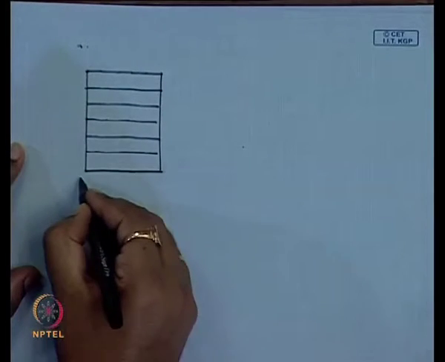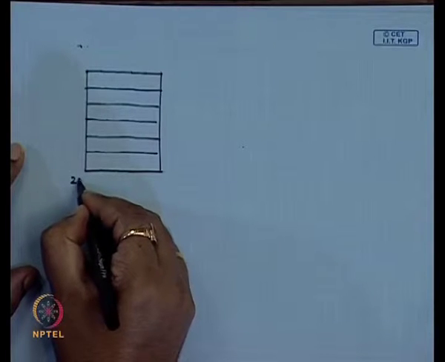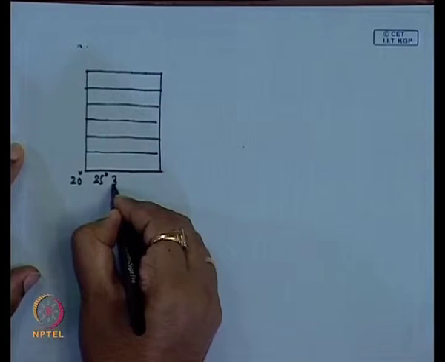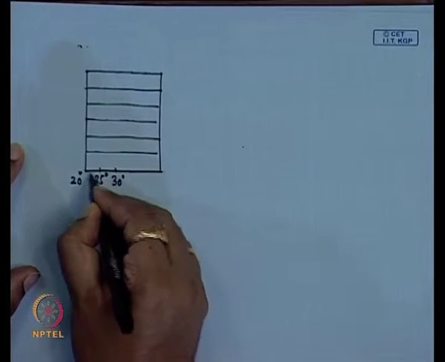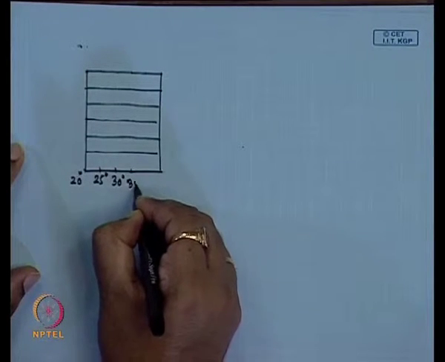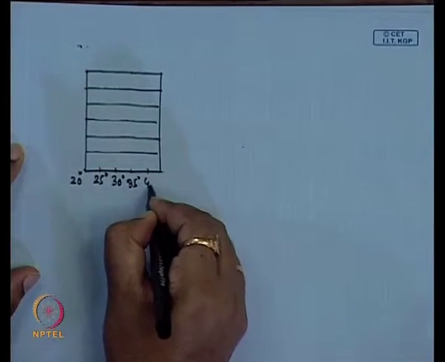This is 20 degree, this is 25 degree, this is 30 degree, this is 35 degree, and this is 40 degree.